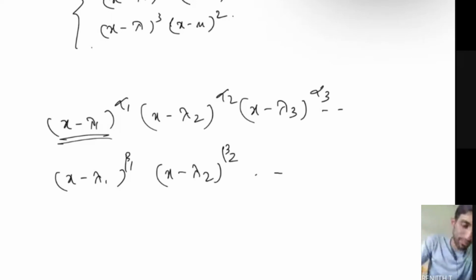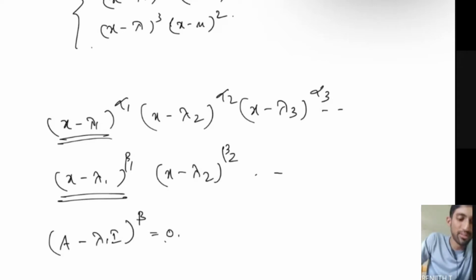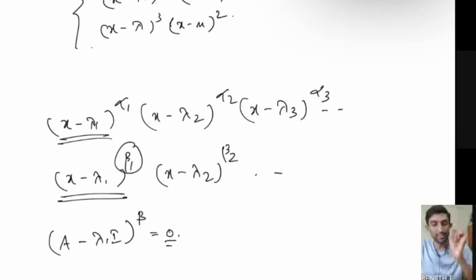For lambda 1, if A minus lambda 1 I itself is 0, then that part will be diagonalizable. But the minimal polynomial says that (A minus lambda 1 I) power beta will only give you 0 there, meaning there will be one element such that till beta minus 1 it won't be 0. So there will be at least one Jordan block of order beta 1.